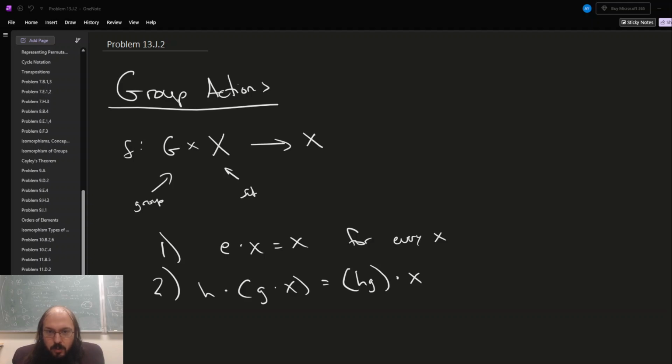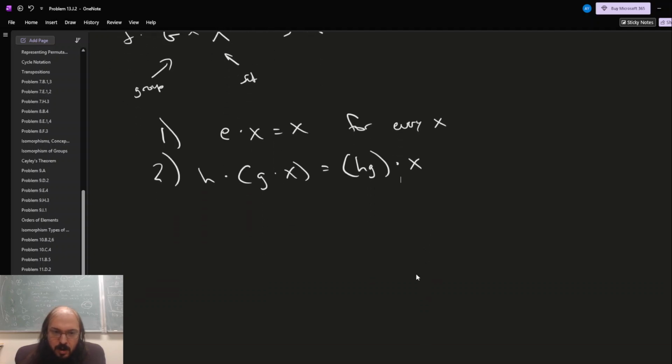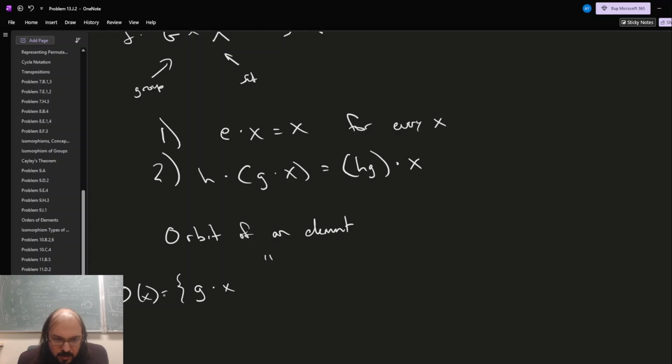When we have a group action, then we can speak of two things. The orbit of an element, which is the set of all G dot X. Maybe we write this as O of X for the orbit of X. Sorry, that does not look like a set membership.